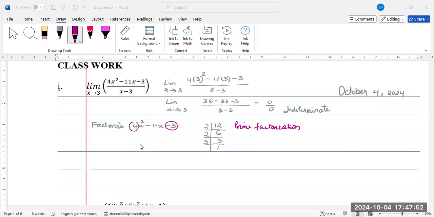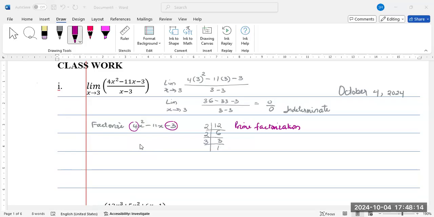When I add 12 minus 1, I'm going to get +11. +11 is not what I want. So I'll have to flip the signs of the factors. When I flip the signs, then I get what it is that I want.